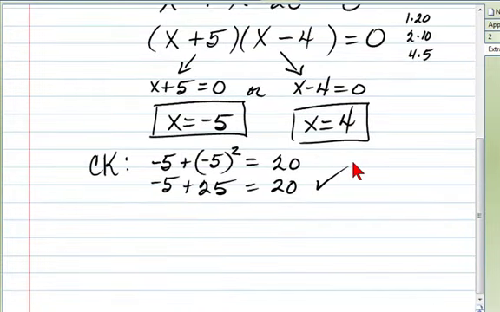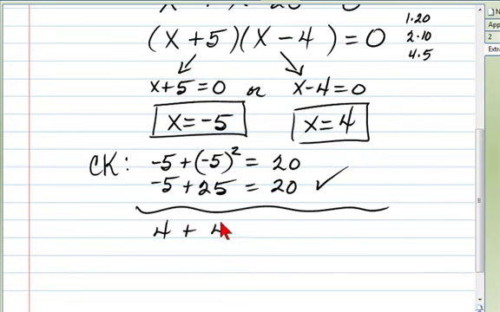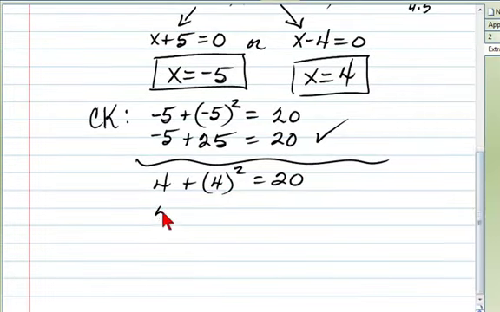So that checked. Is 4 plus 4 squared equal to 20? Well, that would be 4 plus 16, and that's true also. Two different numbers both satisfied the condition. So it was fine to have a negative answer that time.